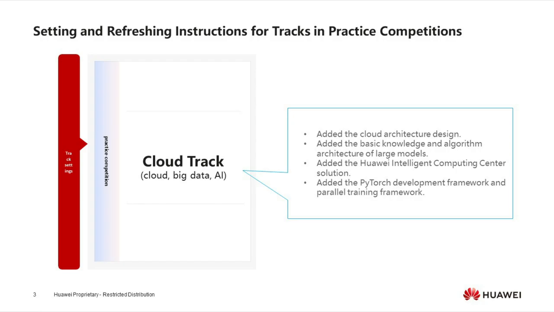First of all, the cloud architecture design and the cloud migration have been added to the cloud direction. Second, in the AI direction, there are a lot of changes here.